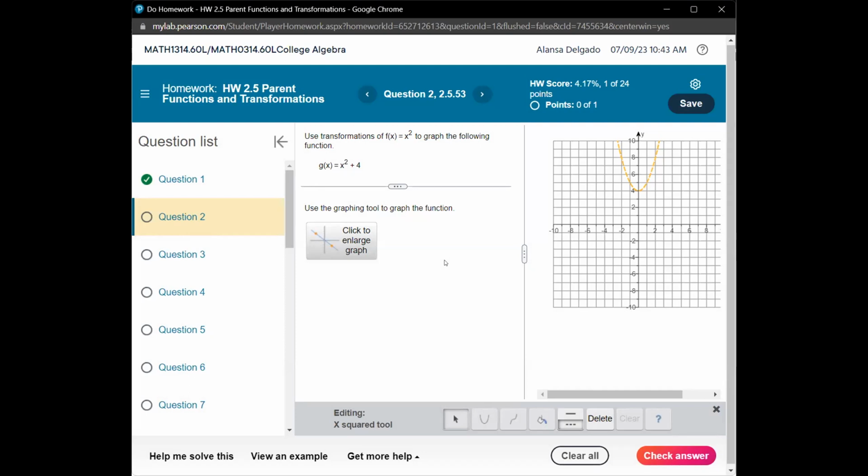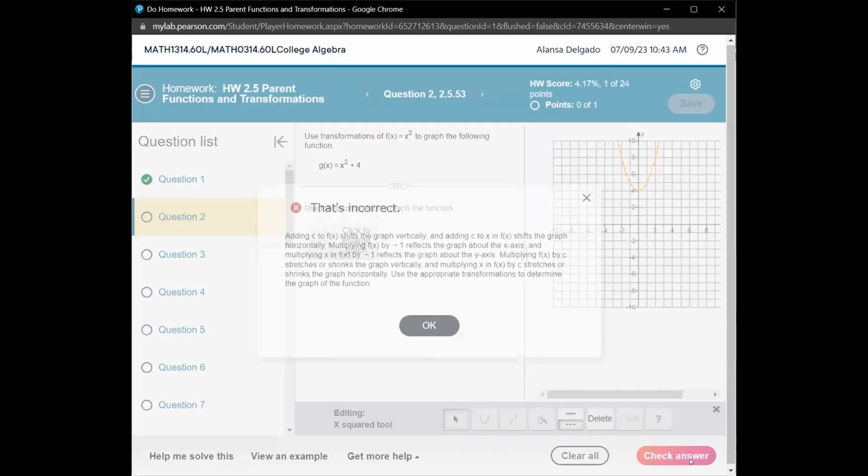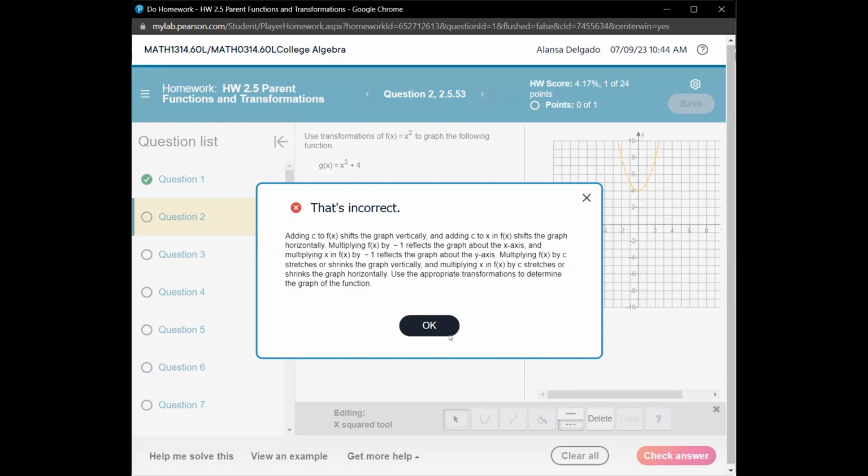All right. Well, you can check your answer if you like. Adding C shifts the graph vertically, and adding C to x shifts the graph horizontally, multiplying f of x by -1. Well, that's good to know, but I don't get how it's wrong.